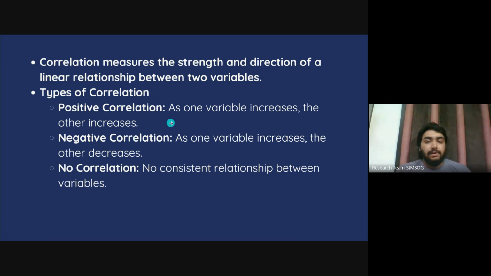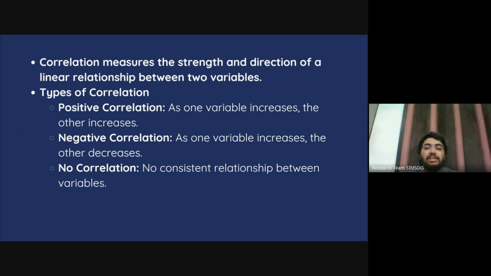I'll give an example. For positive correlation, in diabetic people, if they eat more sweets, their HbA1c or blood sugar levels will be higher.